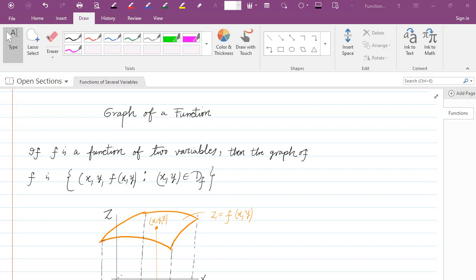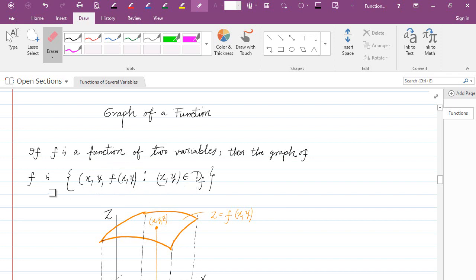The graph of a function f of two variables is the collection of all triples (x, y, f(x,y)), where (x,y) belongs to the domain of f. So you're looking at all the points, all the triples of this form in 3-space where the first two coordinates vary over the domain of the function.